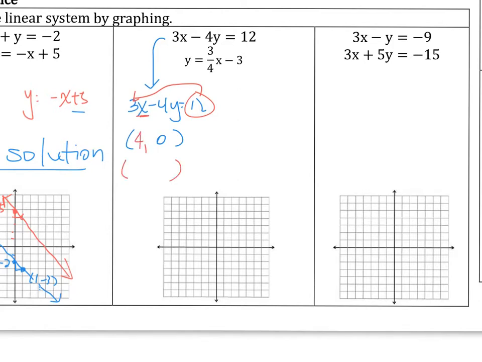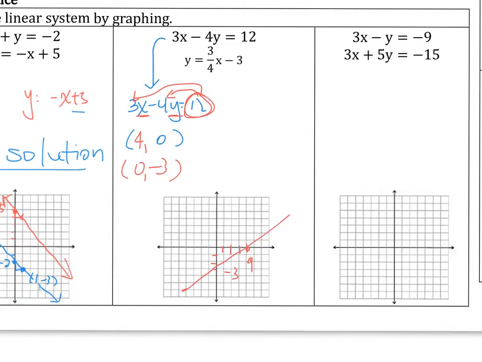And 12 divided by negative 4 is negative 3. So therefore that's the y-intercept. 1, 2, 3, 4. And 1, 2, 3. Negative 3.